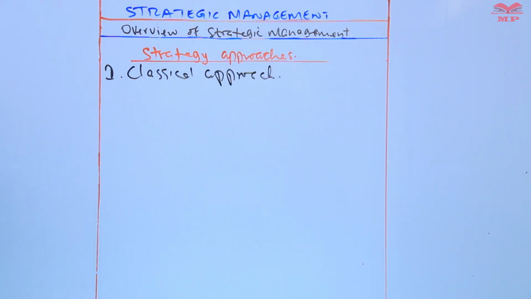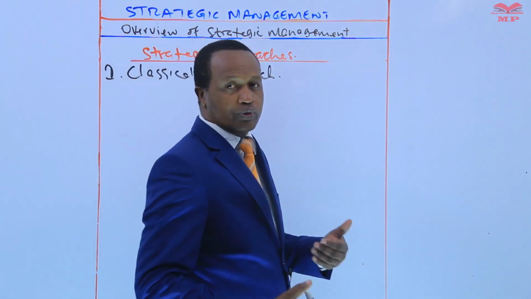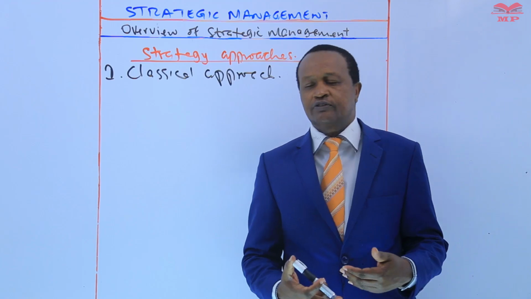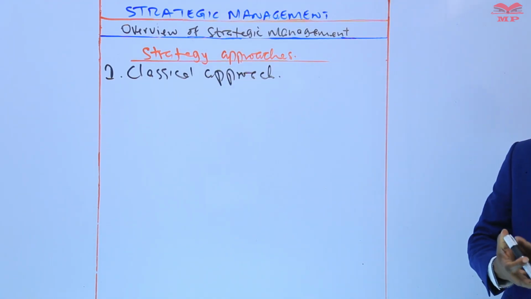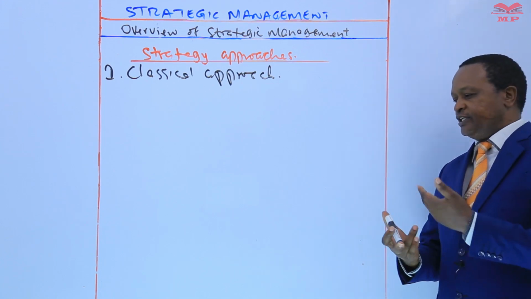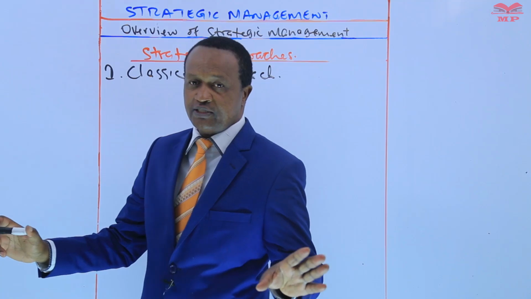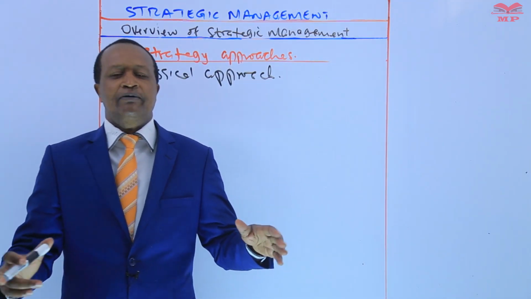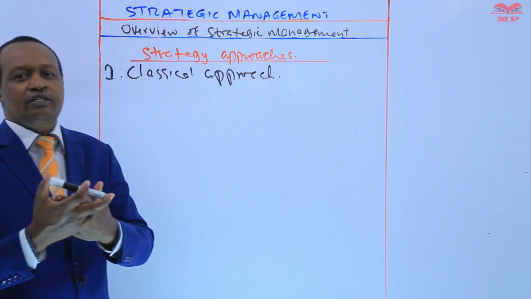What is the classical approach all about? Now, this approach emphasizes the rational and the analytical approach or process for strategy formulation, and it involves a thorough analysis of the internal and the external environments, followed by a deliberate and planned approach to strategy development.